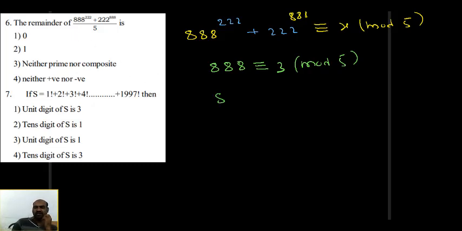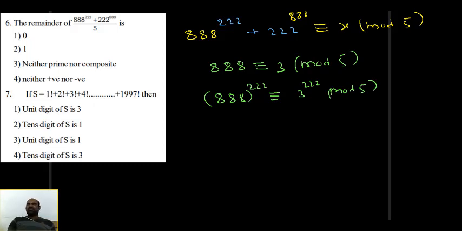After that, 8 power 2 is congruent to 3 power 2 modulo 5. Here I can't say that 3 power 2 is the remainder when this number is divided by 5, because 3 power 2 is greater than 5. So separately I will find 3 power 2 congruent to some y modulo 5. After that I can say that y is the remainder when 8 power 2 is divided by 5.